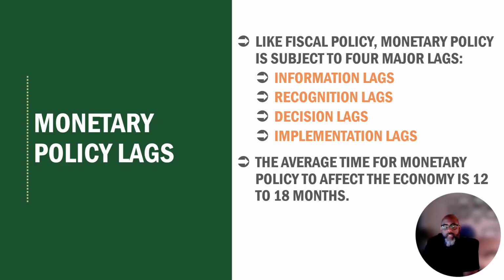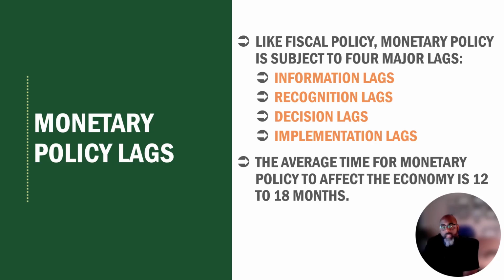Third is the decision lag. While fiscal policy involves lengthy legislative battles, the Federal Reserve meets frequently and can adjust and decide quickly. Compared to Congress, the Fed is very nimble, but even so, reaching a policy decision still takes time as members deliberate.